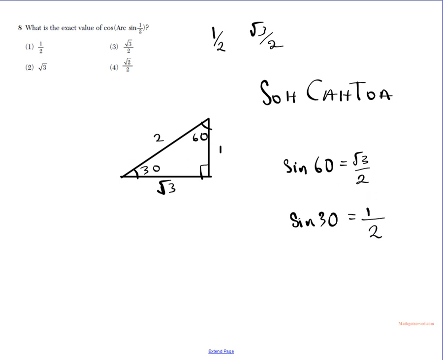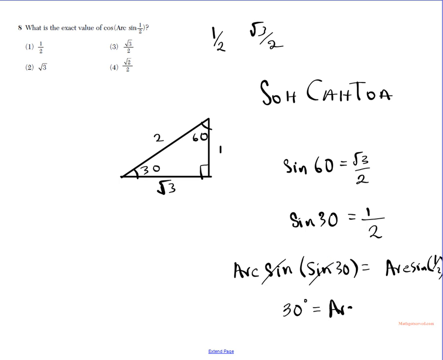If sine 30 is 1/2, that tells me that if I take the inverse sine of both sides, the inverse sine, let me call it arc sine. Inverse sine and arc sine are the same thing. If I take the arc sine of both sides, arc sine of 1/2, we can see this cancels out. It tells me that 30 degrees is actually the arc sine of 1/2.